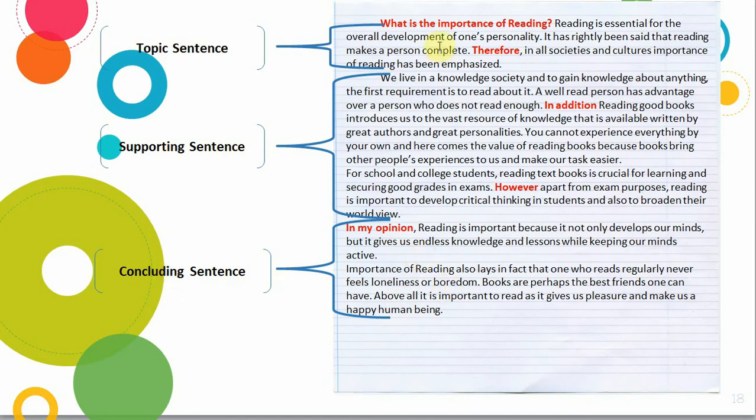As you see, here we start with a question to attract the reader, then the answer to the question. We used transition words and linking words like therefore, in addition, however, and here we mention our opinion to conclude. And in my opinion, reading is important, and so on. So this is the last thing.